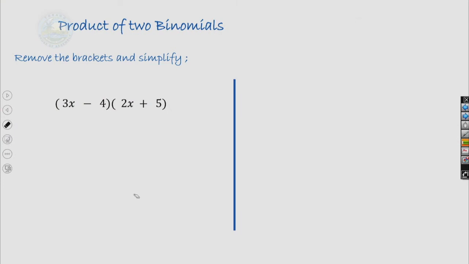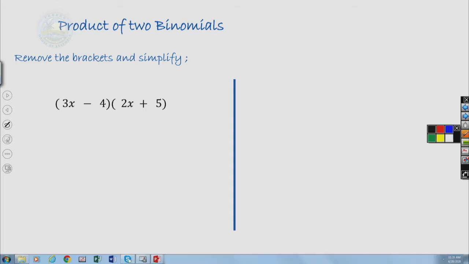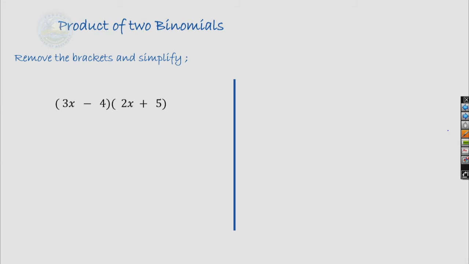Right. So we want to find the product of the two binomials. To find the product, we have to multiply this binomial by this binomial. To achieve that, we need to multiply everything inside of this bracket by everything inside of this bracket. How can we achieve that?